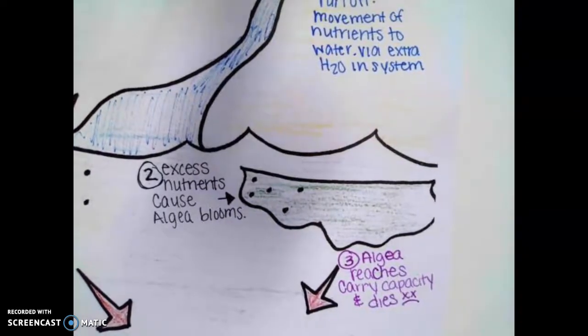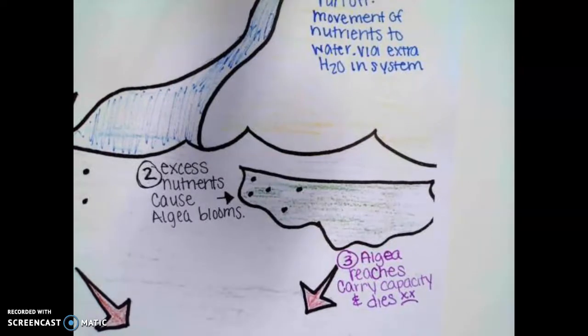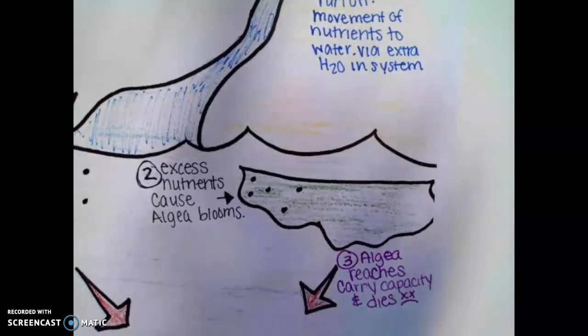Not good. Not good at all. Okay, so now we've got a bunch of dead algae in our system. What does that mean? Something has to come and break down this algae into its nutrients, or it needs to break down.